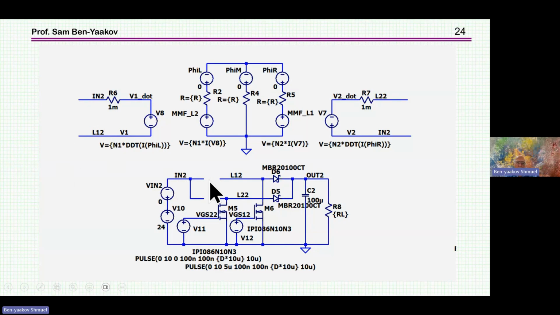These points are connected by this node, and by the designation here, L2 and N2 is here. And we can run this together and get both the electrical information and the magnetic information at the same time, which is very, very important.